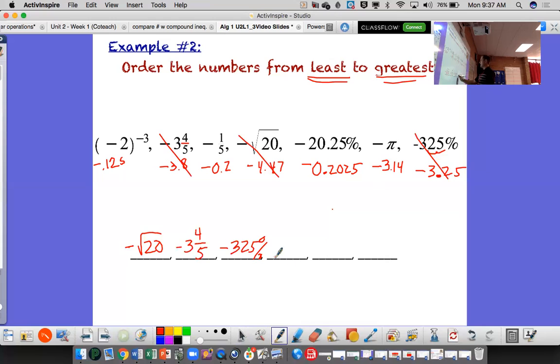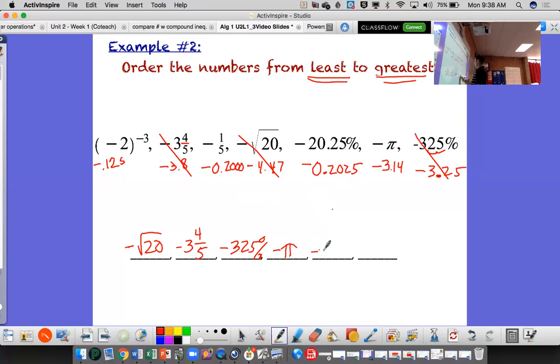Then negative pi. Okay. Now the biggest negative, we're still taking the biggest negative. This one is actually bigger, more negative than negative 0.2 because after this is just a bunch of zeros. So that one has a 0, then a 2. So this one would come next.